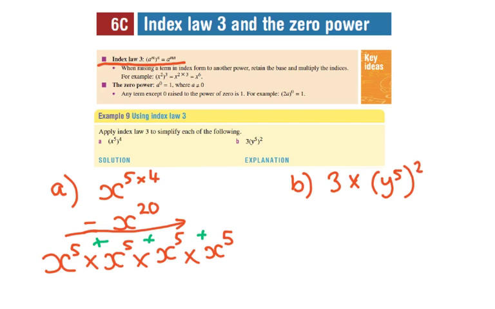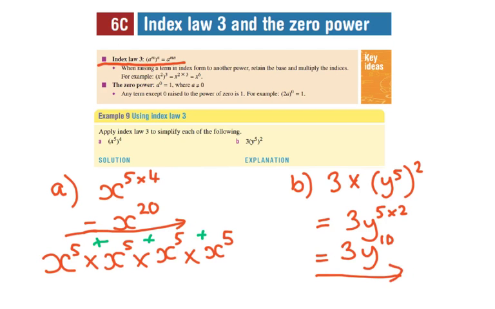So now you just deal with the square and the y to the power of 5 using our index law. It's 5 times 2. Therefore, our final answer is 3y to the power of 10. That's as simple as it can go.